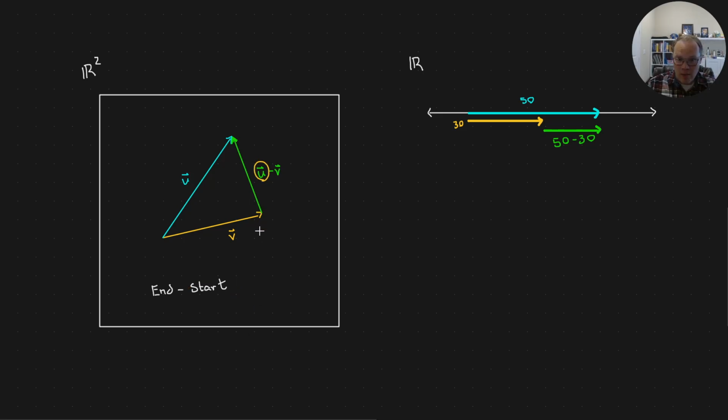So for u minus v, I end up at the tip of u, and I start at the tip of v. And that's exactly how it works in the single variable case also. This vector ends at the tip of my first vector, at the 50, and it starts at the tip of the vector I'm subtracting, the 30.